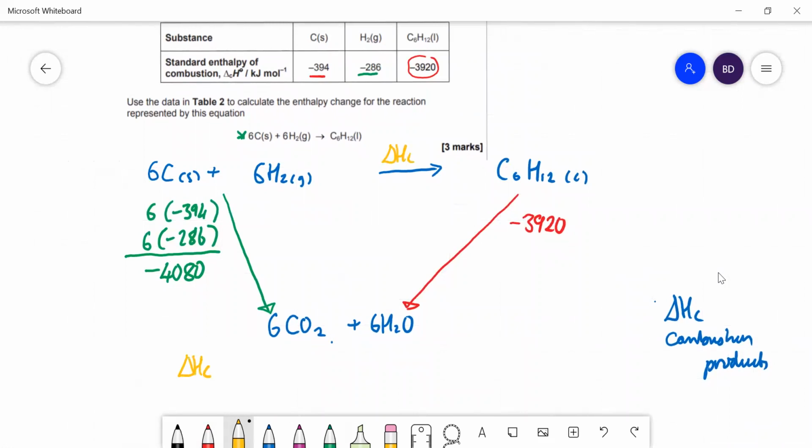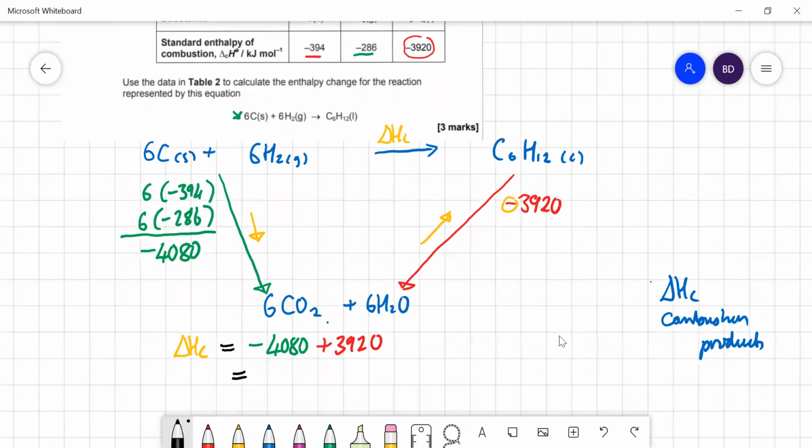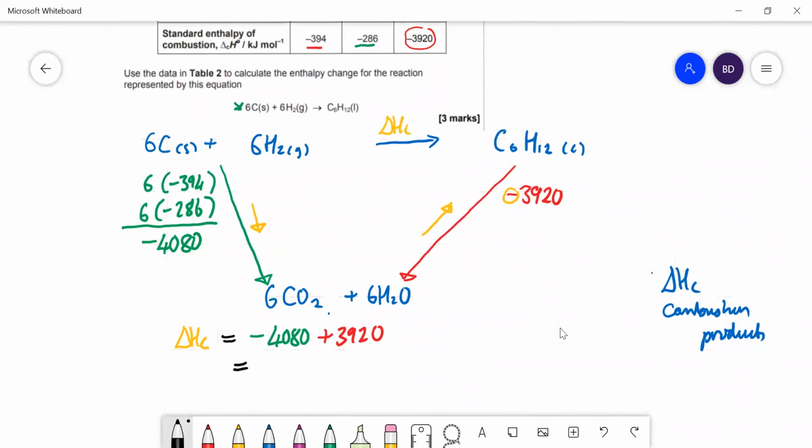What we're doing here, we're going with the green arrow, so we stick with the sign, so that's minus 4080. And then we're going up the red arrow, against the arrow, so that minus becomes a plus. So that's plus 3,920. Put the numbers in there, and we get minus 160 kilojoules per mole.